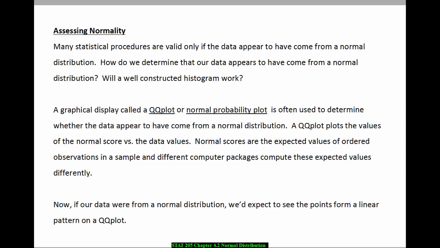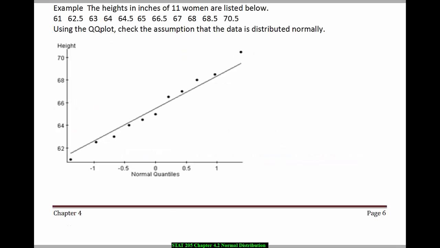So let's do an example. This example is heights in inches of 11 women. We've got a QQ plot here that we've created for you, and we want to try out determining whether it looks like these observations might have come from a normal distribution. All right, so what are we looking at?